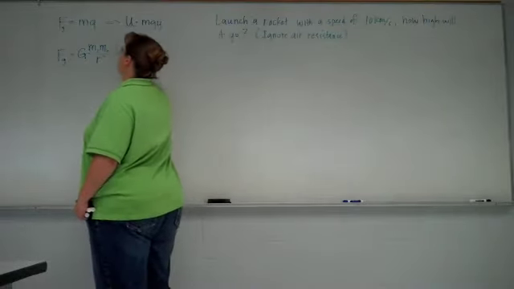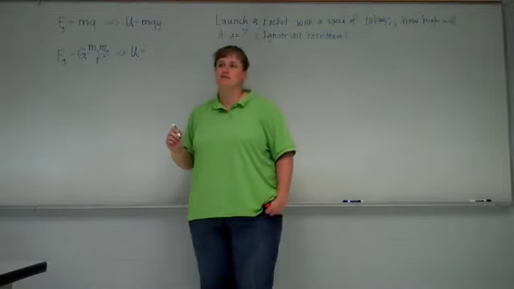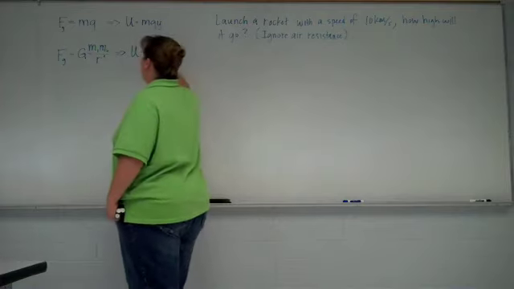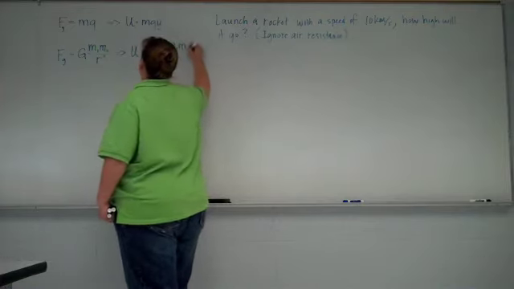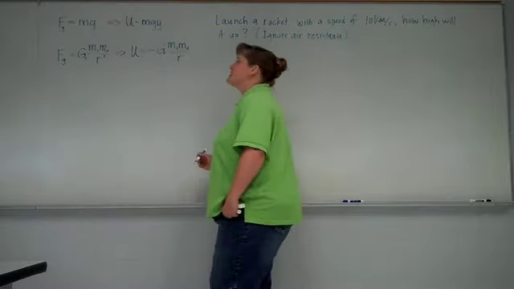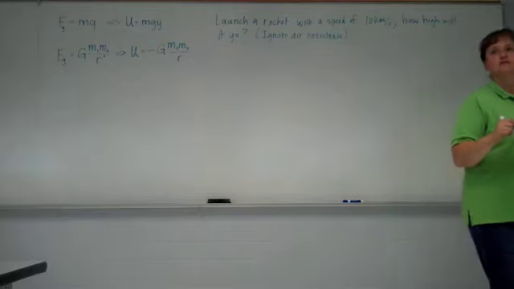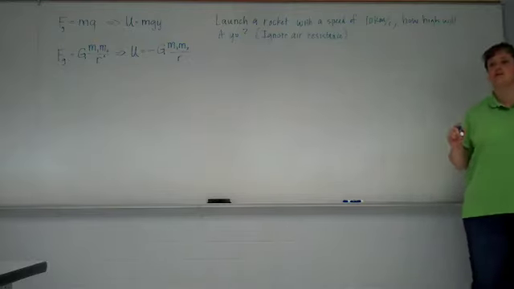The result, we get a different potential energy equation, but we get it the same way, we integrate it. 1 over r squared integrates to negative 1 over r. So the equation for potential energy, when we're dealing with far distances from the Earth, is negative G m1 m2 over r. It's not r squared anymore, we integrated, so it's now just over r.